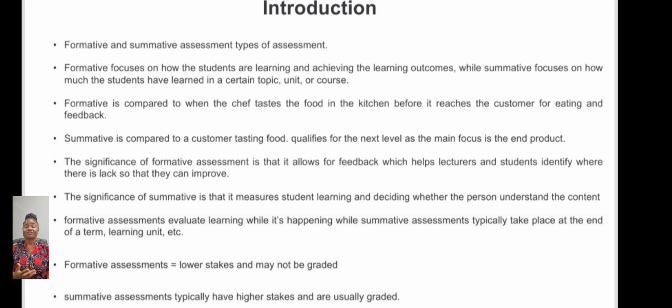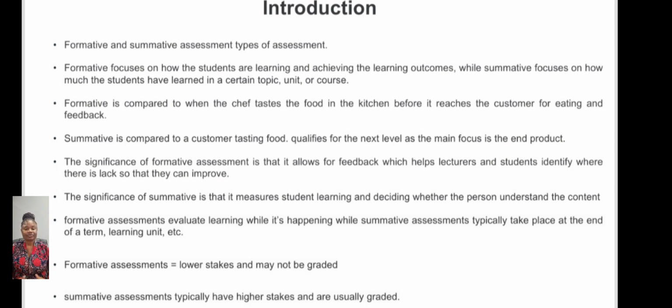The significance of summative, on the other hand, is that it measures students' learning and decides whether the person understands the content and whether they qualify for the next level of their studies or whether they fail and therefore deserve to repeat.